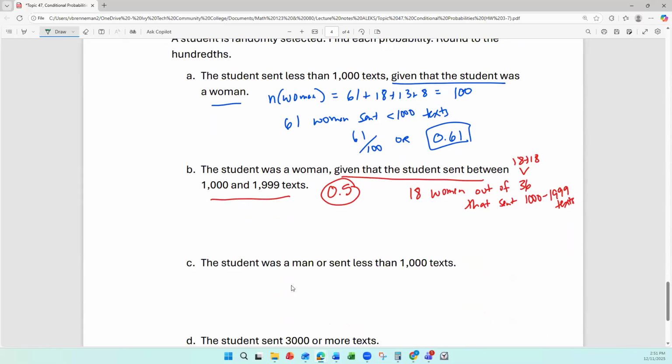So I have the 100 men and then less than 1,000 texts, 61 women in that group that haven't been included in the 100 men. So 161 altogether in that group out of 200 total gives a decimal of 0.805, or rounded to the nearest hundredth, 0.81.